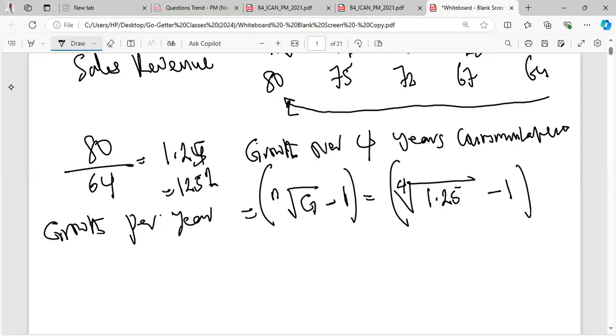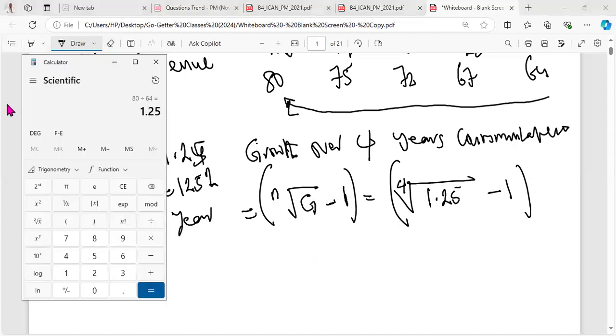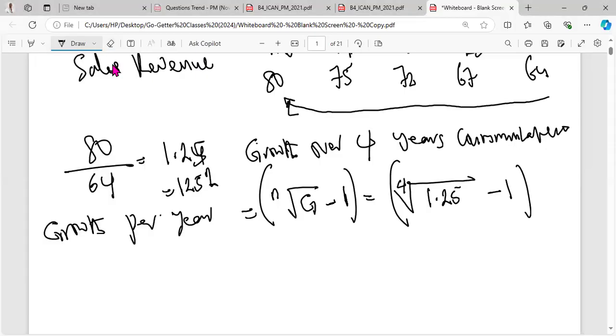So I told you how to calculate your nth root. When there is 4 here, this is the same thing as saying 1.25 raised to power 1 over 4, minus 1. When we say square root, it is 1 over 2. When we say square, it is 2.